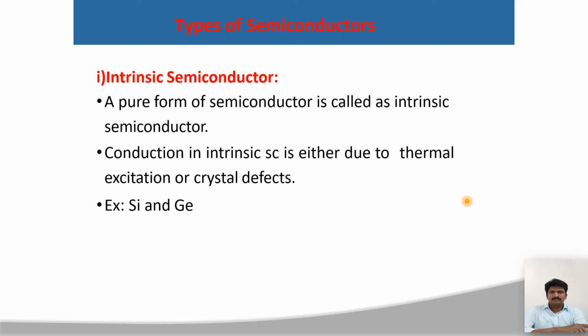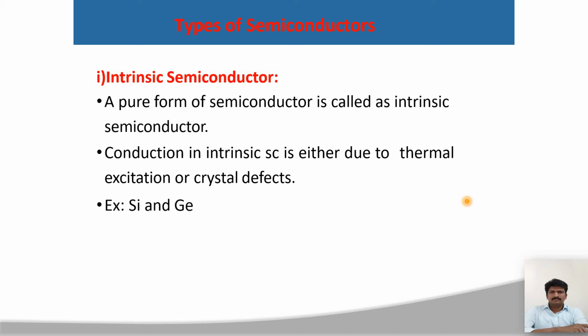Here the conduction possibility of an intrinsic semiconductor is very less. We have to apply more and more voltage to make the free electrons move through the material, so it is very hard. So pure semiconductors are not used in any applications.